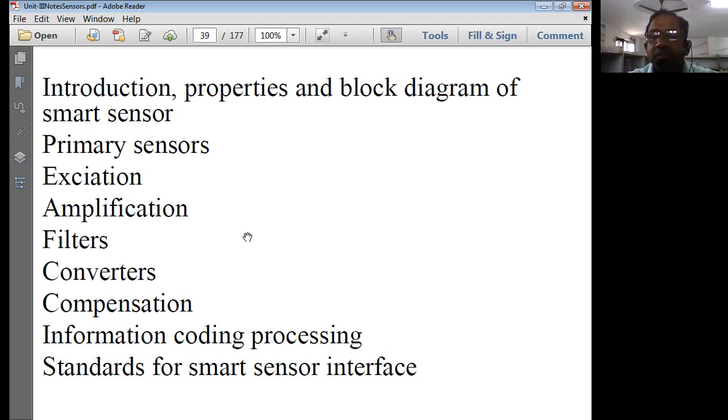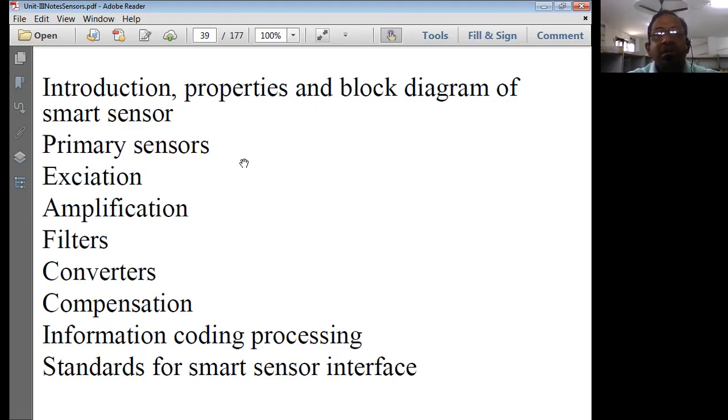Whatever behavior it exhibits based on the input conditions, we simply call those behavioral points properties. So we came to know about properties after performing the experiment. Okay. So this is the syllabus we have: properties, block diagram of a smart sensor.